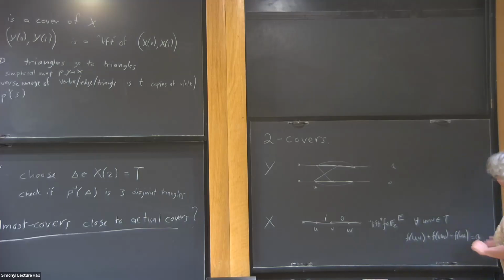Well, okay, we're over F2. So that's the condition of being a 2 cover. And here you see it's a nice linear condition. There is some linear map such that if f is in the kernel of this linear map, we are good.